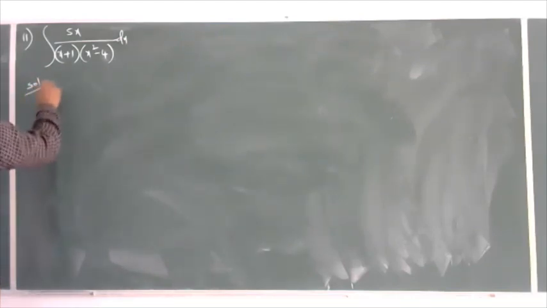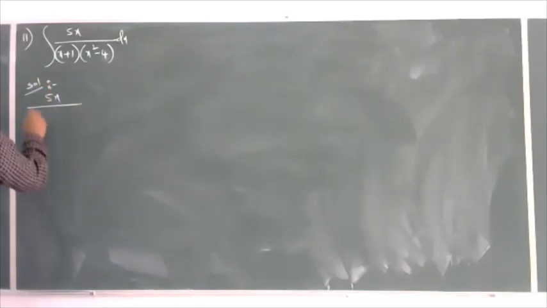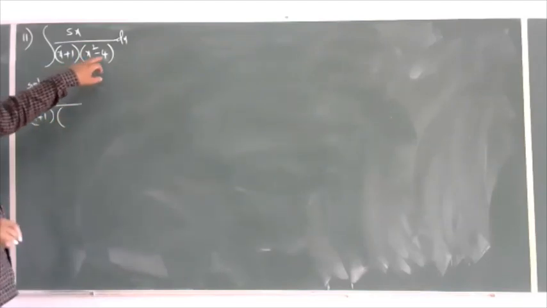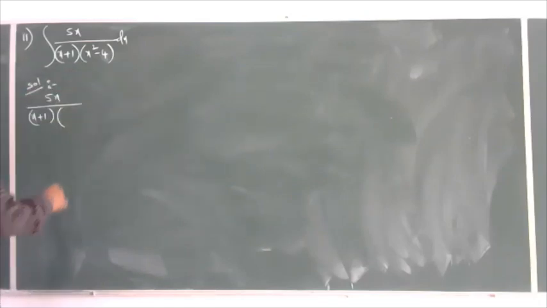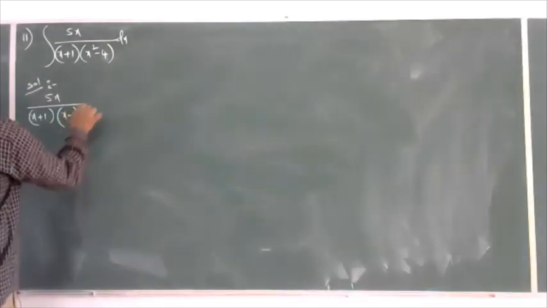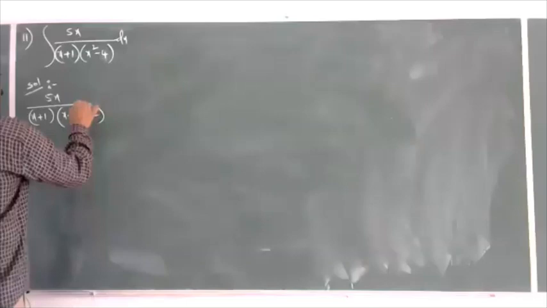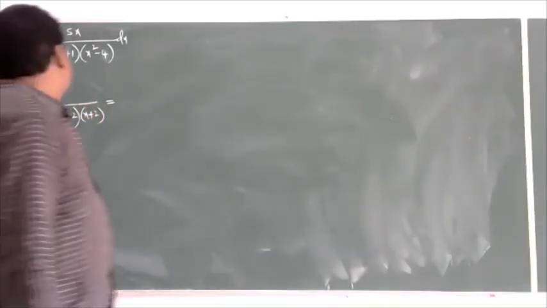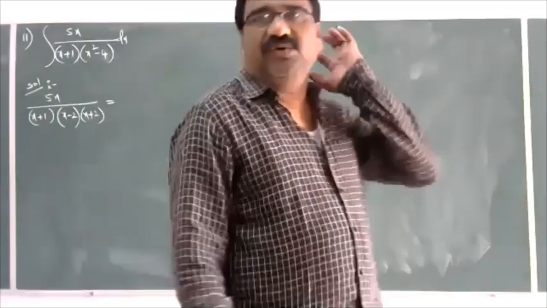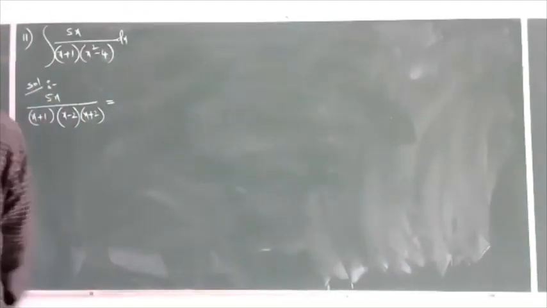Solution. First resolve into partial fractions. 5x by (x plus 1) into, here x square minus 4 is (x minus 2) into (x plus 2). So, irreducible factors.